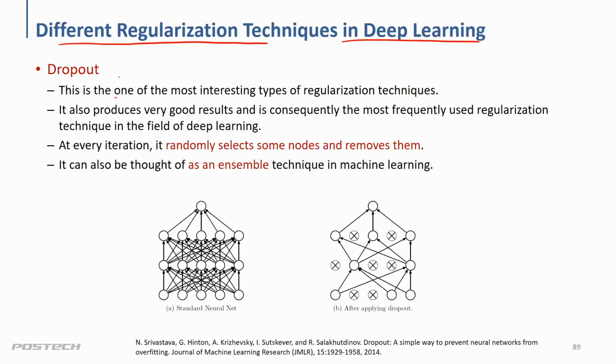This one is one of the most interesting types of regularization. It produces good results and is most frequently used. It's extremely easy to implement. So the idea is that, suppose we have this kind of structure. At each iteration, you randomly select some of the nodes or neurons or units and remove them like this.